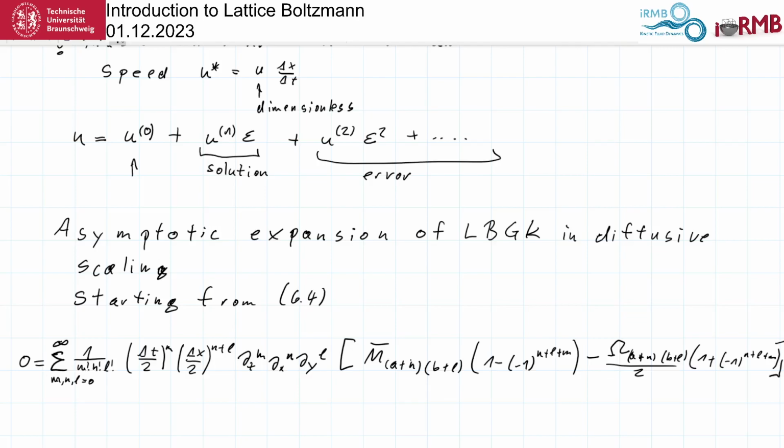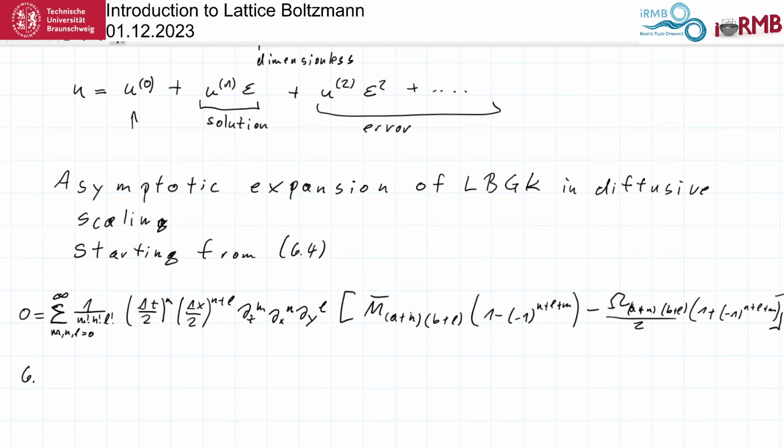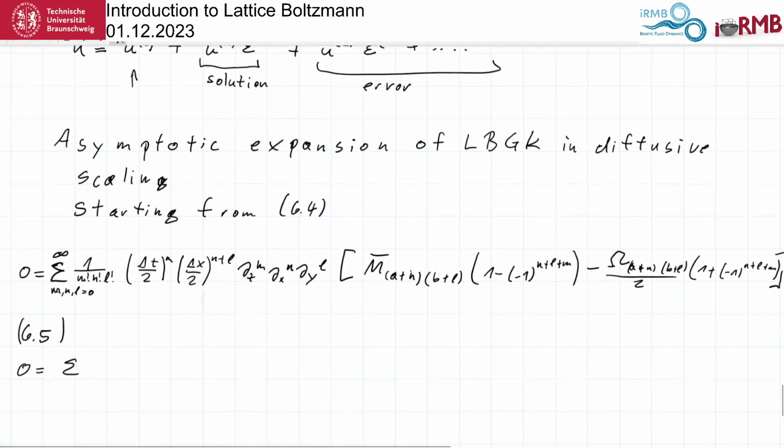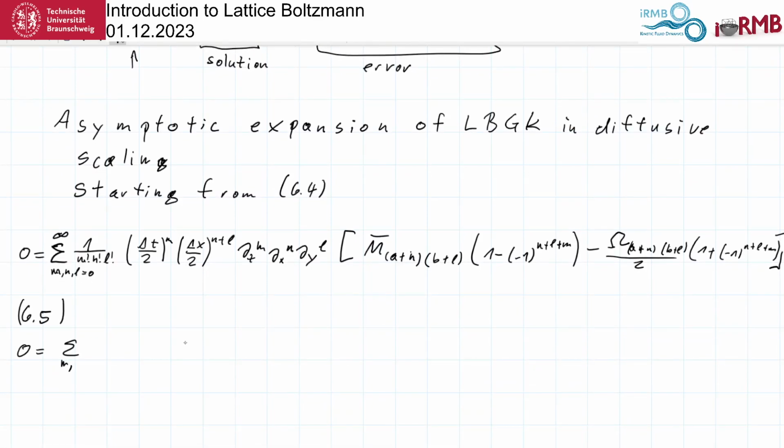So, closing the brackets. Now, we define equation 6.5 in which we introduce the asymptotic expansion of M and omega. Again, a lot of writing. The sum over m, n, and l equal to 0 to infinity, 1 over m factorial, n factorial, l factorial. Now, we said that delta t and delta x are related to epsilon, so we replace them all by epsilon.